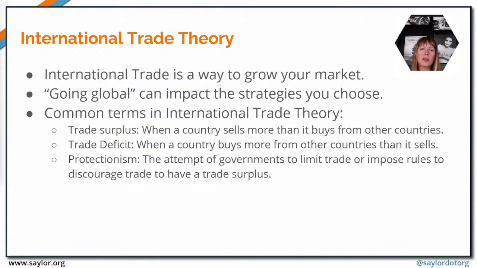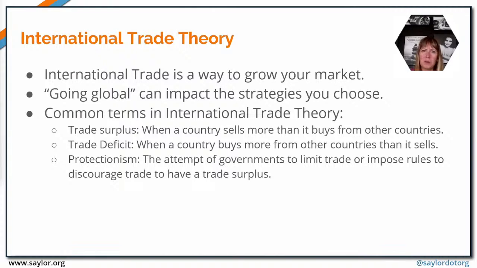And one of the things that countries do to try to reduce a trade deficit is they engage in protectionism. And protectionism is essentially when a country puts policies in place that make it difficult for people in other countries to sell products and services within their own country.